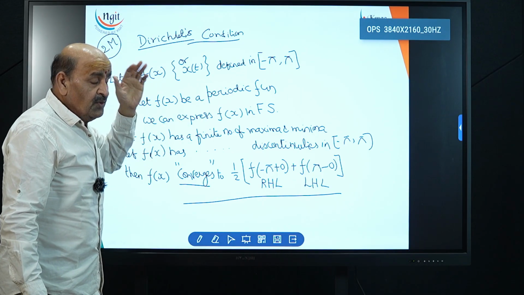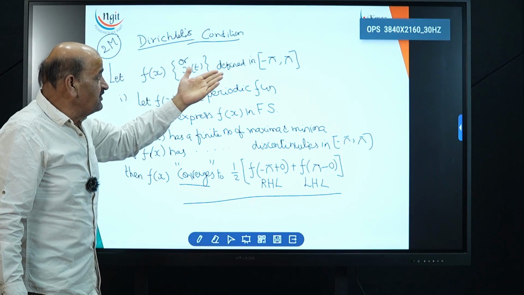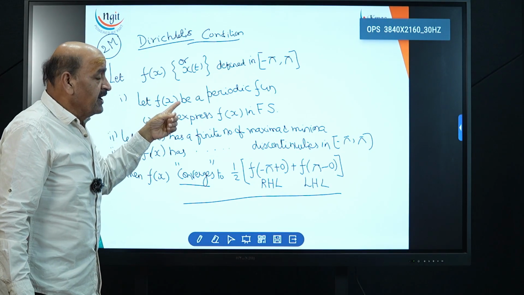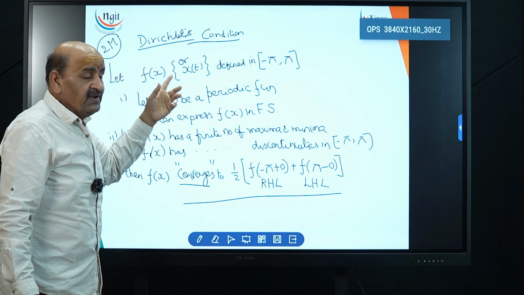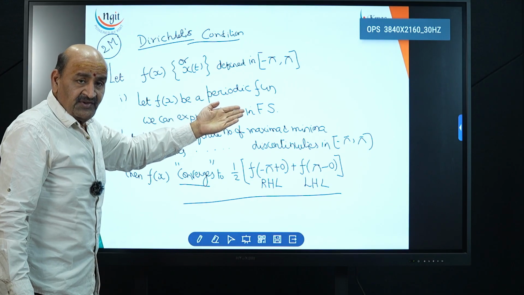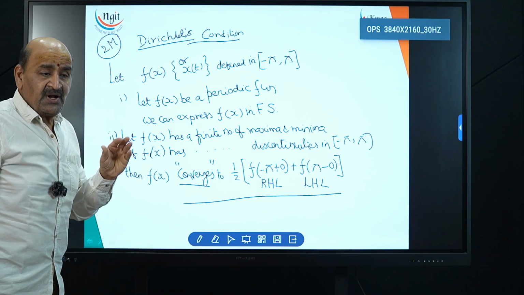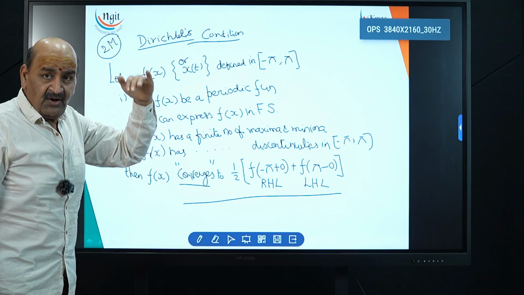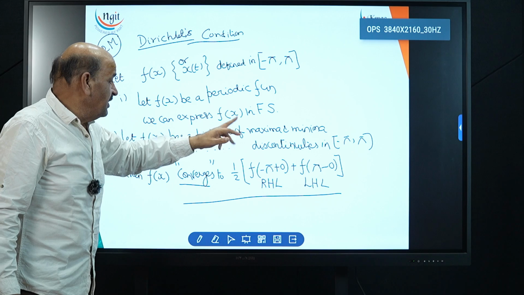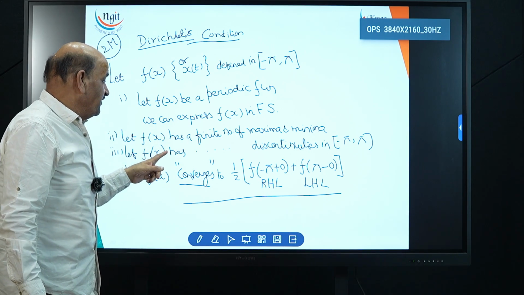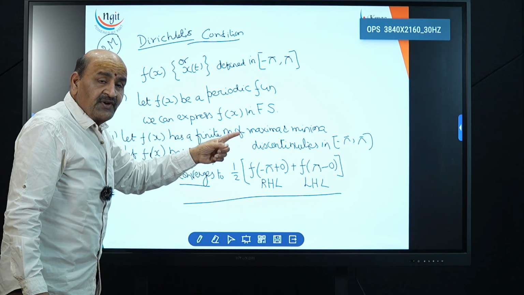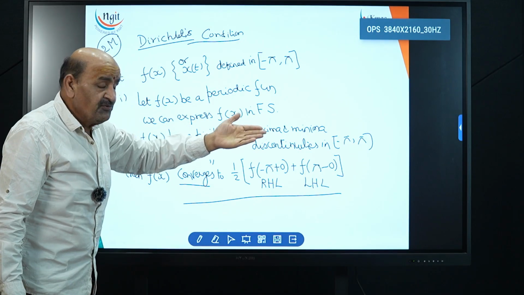Once it is defined there, we can express f of x in terms of Fourier series. Now let us assume that f of x has a finite number of maxima and minima, ups and downs, and also a finite number of discontinuities in the given interval minus pi to pi.